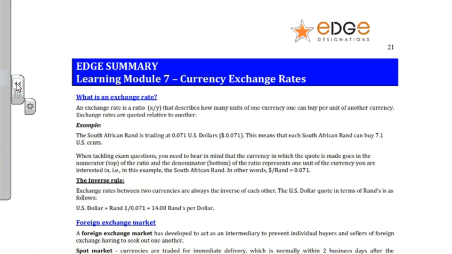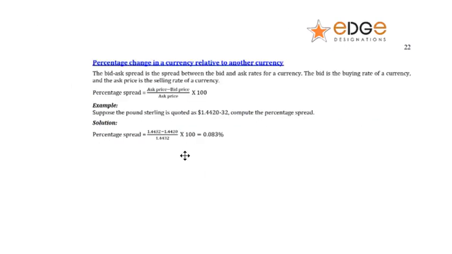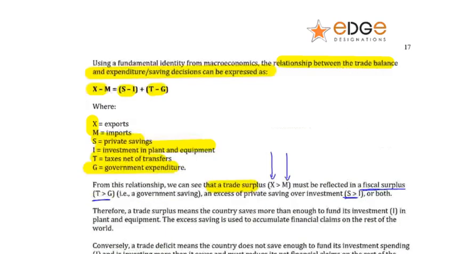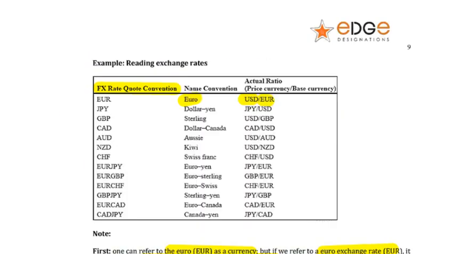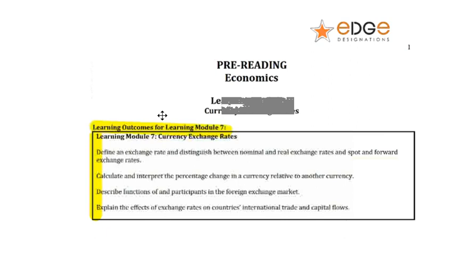As you can see, guys, that brings us to a conclusion of learning module 7, currency exchange rates. We've got a little bit of a summary there for you on page 21, which continues on to page 22. As per usual, when we are done with a particular reading, we always encourage candidates to go back to the beginning of the learning module just to take a look at the learning outcomes.